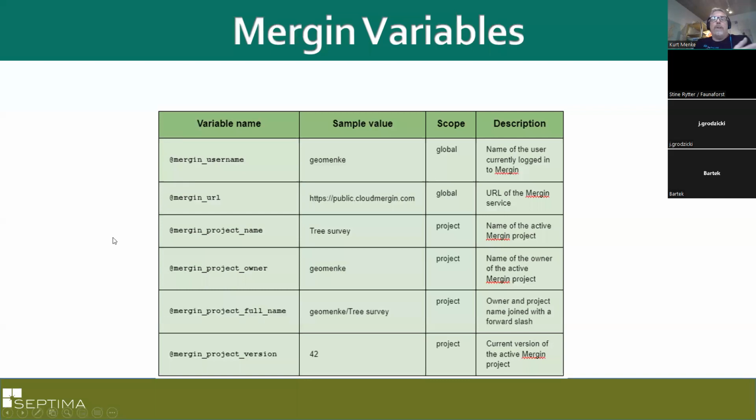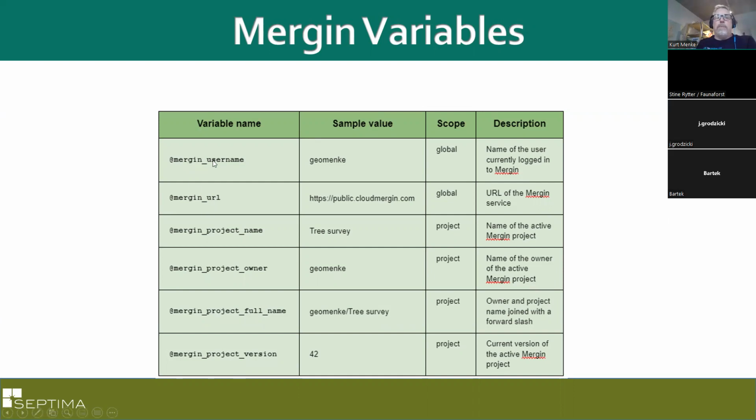So these are variables that Mergin comes with. QGIS itself won't recognize these, but when I get onto my mobile phone and collect data, Mergin Maps will recognize these. So when you are logged in to your account, @mergin_username here will be your username.